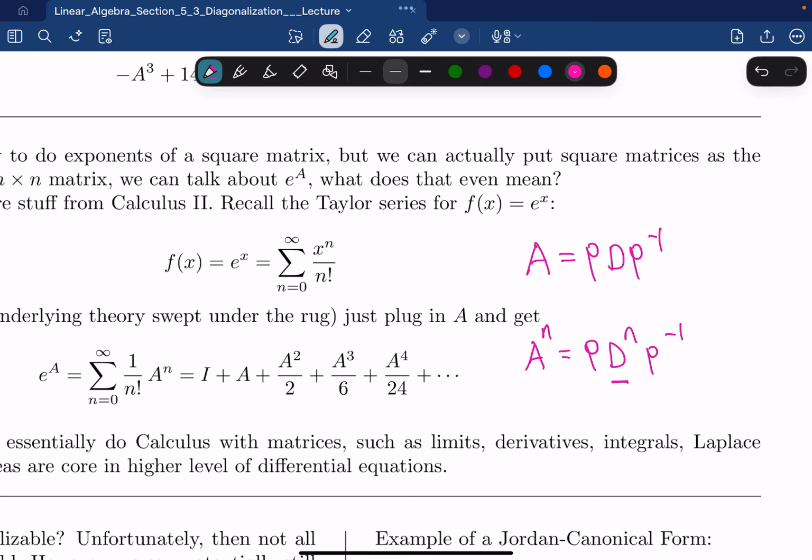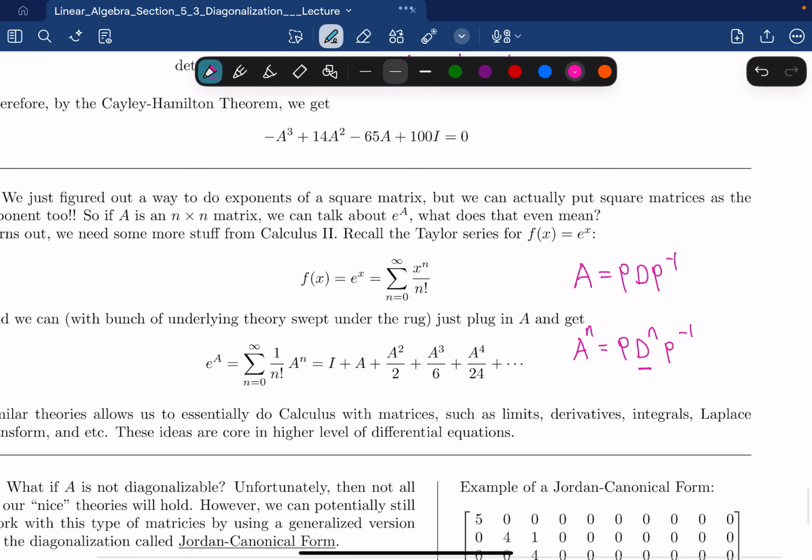Okay, so there are more maneuvers you can do, but the whole point I'm trying to make here is that now that you have a way to efficiently calculate powers of a matrix A, infinite powers of a matrix A, you can actually define the exponential expression, e to the power of a matrix.